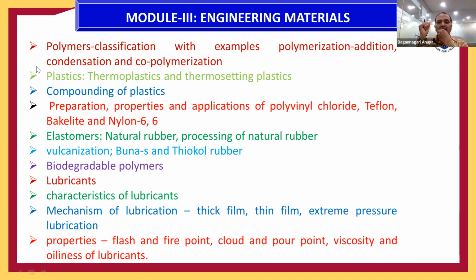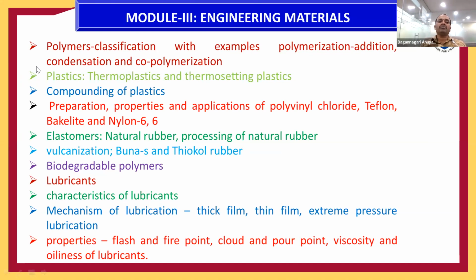From the examination point of view, they will ask the preparation, properties and applications of any two of these, such as polyvinyl chloride, Teflon, bakelite, or nylon 66, for a 7 or 14 marks question.